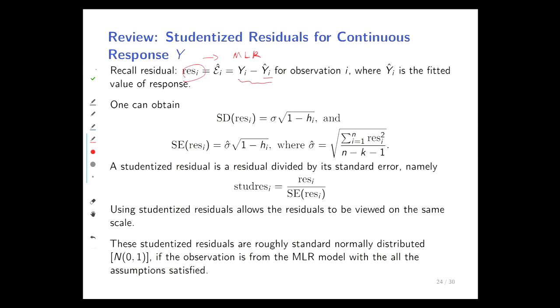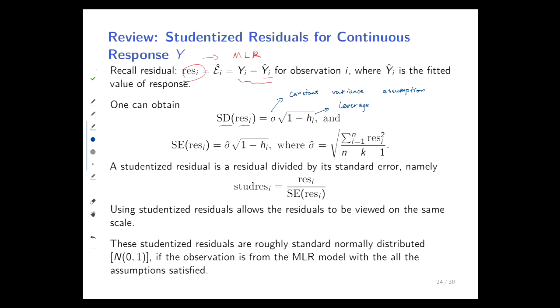And for the residual, we can obtain the standard deviation. I have already mentioned it, but I will repeat it again. So sigma is from the constant variance assumption. And h_i is actually the leverage.